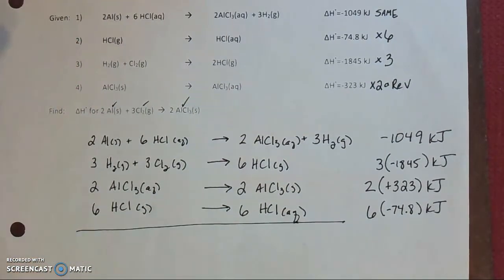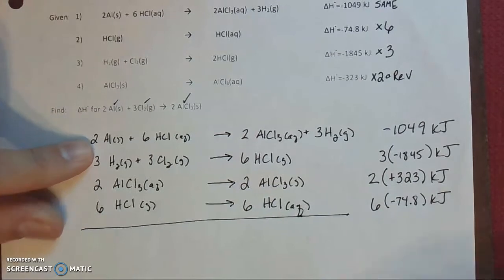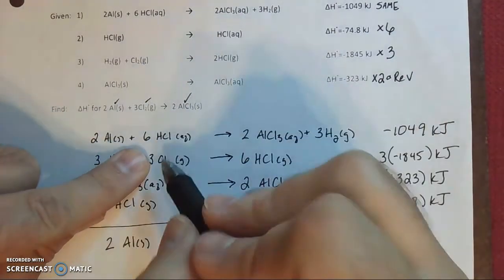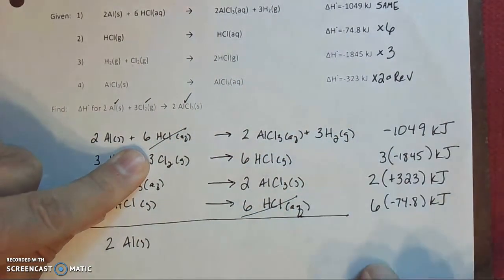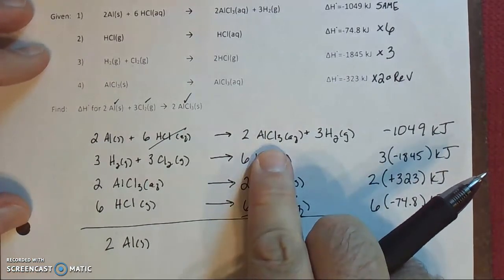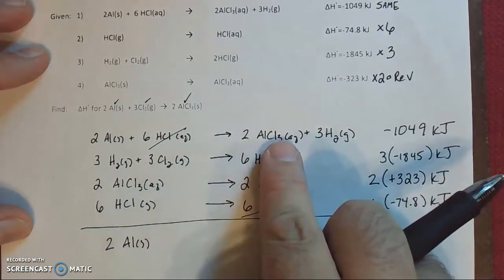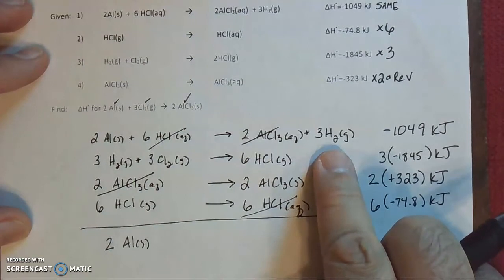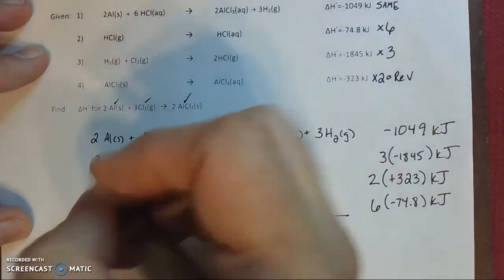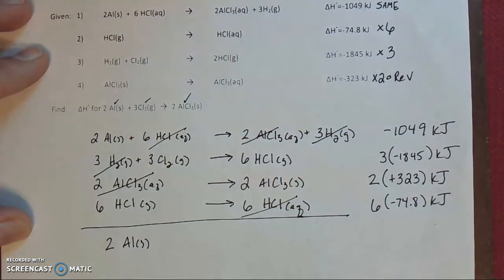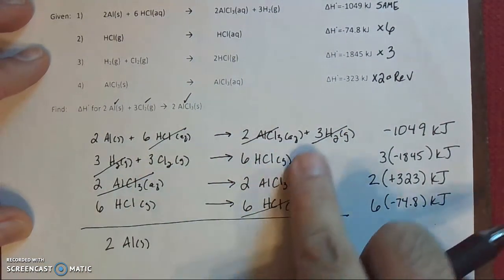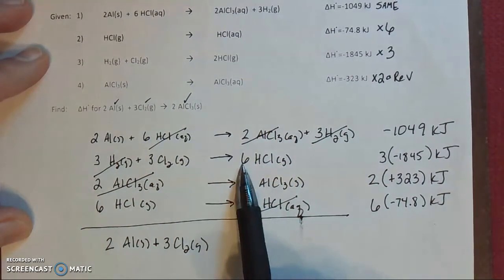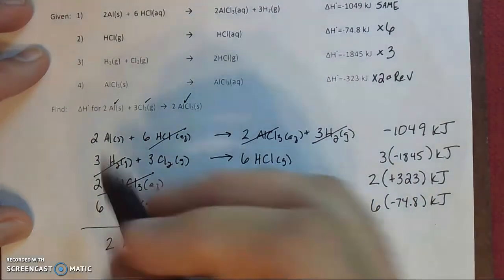So now if we start looking at what crosses out, nothing crosses out with aluminum. So we have 2Al solid. 6 HCl aqueous cross out on both sides. 2AlCl3 aqueous, we have on opposite sides of the arrow, so this one crosses out with that. 3H2 gas crosses off with the 3H2 gas here. 3Cl2 gas does not cross off, so plus 3Cl2 gas. 6HCl gas crosses off with this one right here.